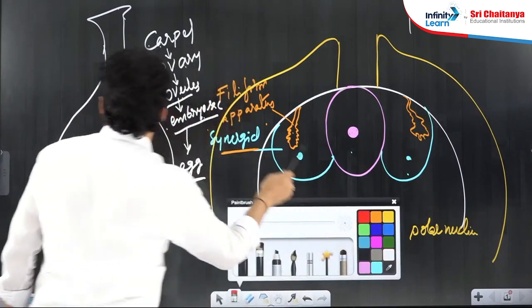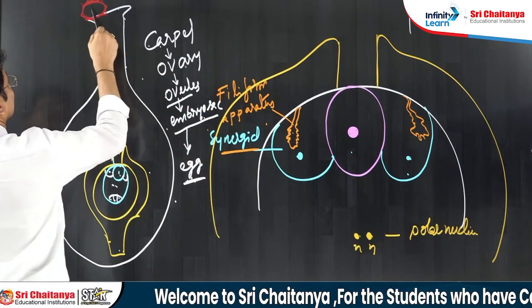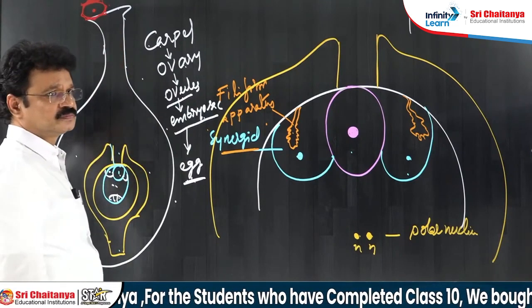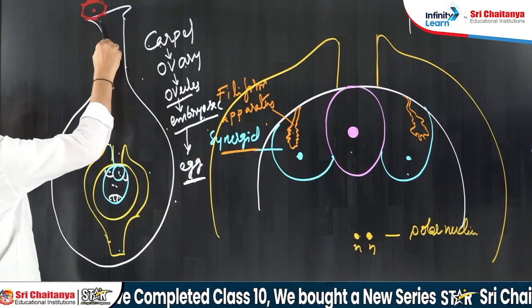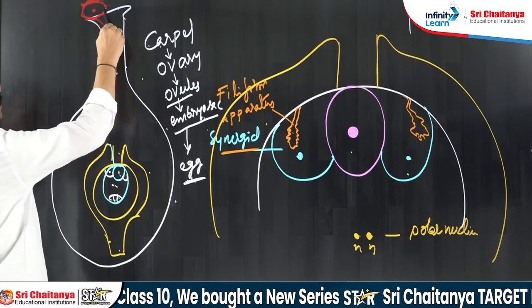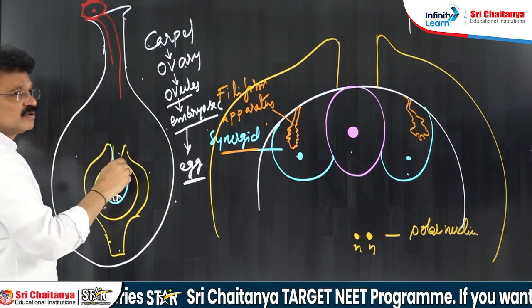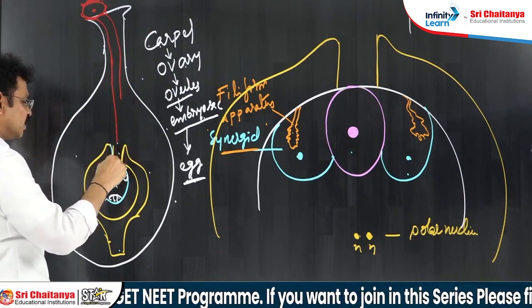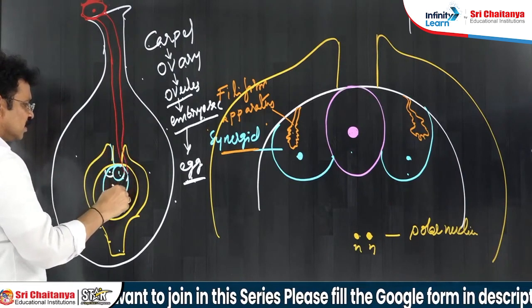What structures land on the stigmatic area? With the help of pollination, pollen grains land on the stigma. The stigmatic secretions help germination of the pollen grain. Pollen germination means formation of the pollen tube. The pollen tube finally enters the embryo sac through the micropylar region.